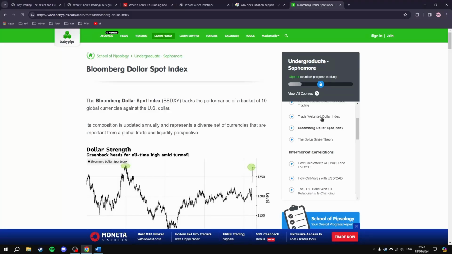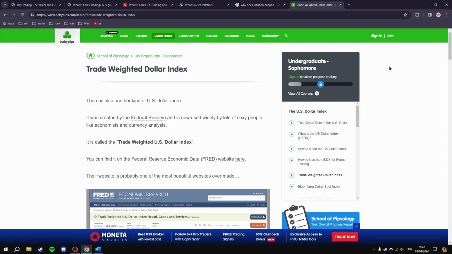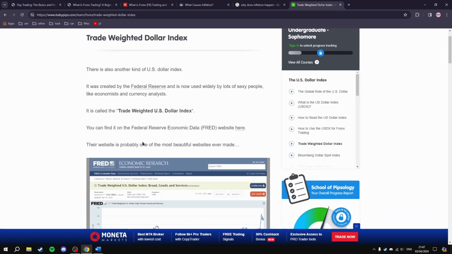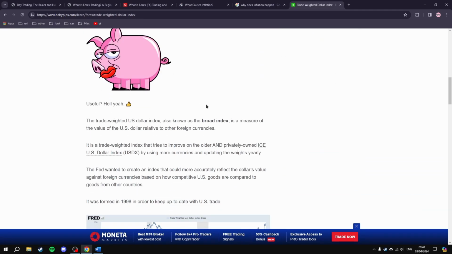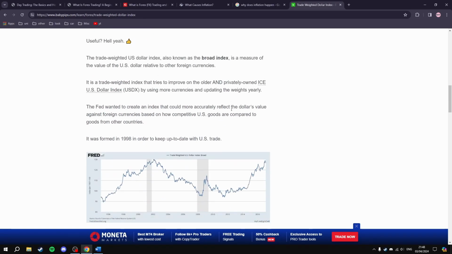So in the last video we went through the trade weighted dollar index, which is basically created by the Federal Reserve, and another kind of US dollar index. You can find it on the Federal Reserve Economic Data website. Also known as the broad index, it is a measure of the value of the US dollar relative to other foreign currencies.